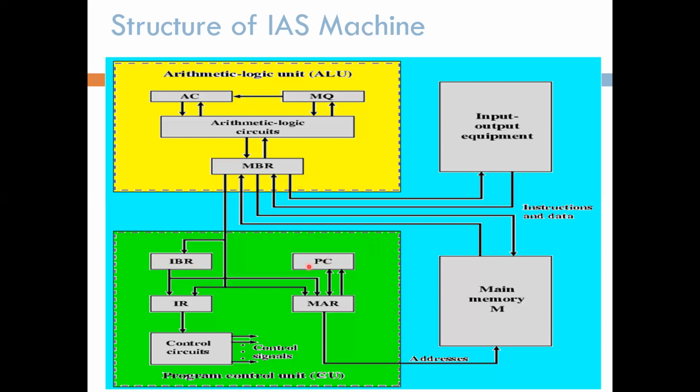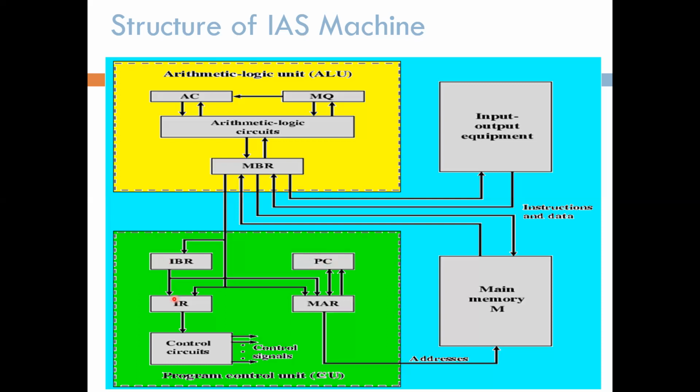This contains the address of the next instruction to be executed. So I'll say that again. The program counter, which is part of the control unit, contains the address of the next instruction to be executed. The instruction register, which is this guy here, contains the 8-bit opcode instruction to be executed.